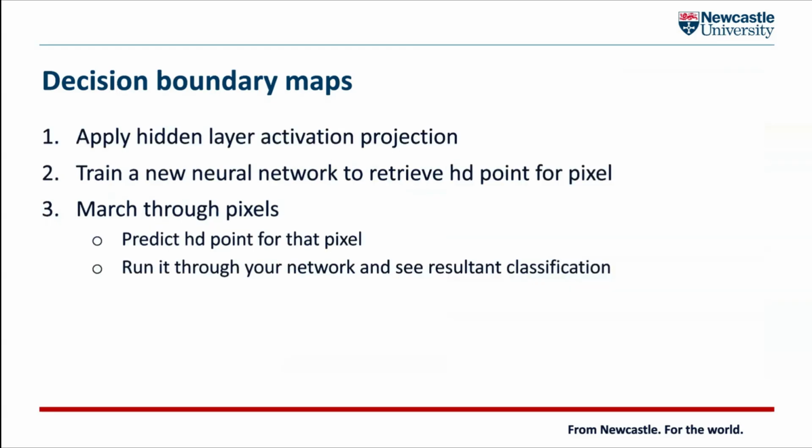And so how do you do this? Well, you just use the technique previous. You can actually use the data as well. And then we're going to train a second neural network. So we're going to use the dimensionality reduction projection, and we're going to use that as input. So you have your low dimensional point as the input and the corresponding high dimensional point as the label.